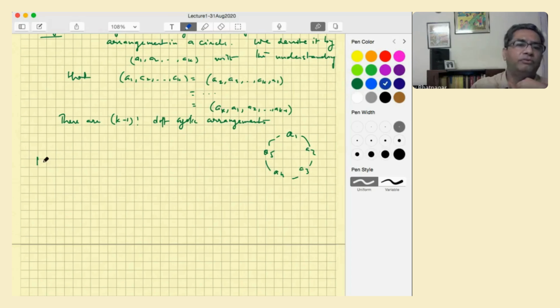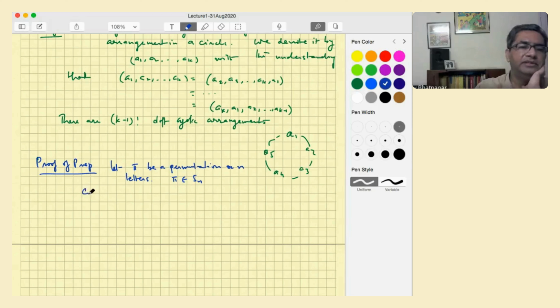So let's look at the proof of the proposition. Let pi be a permutation on n letters. So pi belongs to Sn. Consider 1, pi of 1, pi of pi of 1, pi squared of 1, and so on.